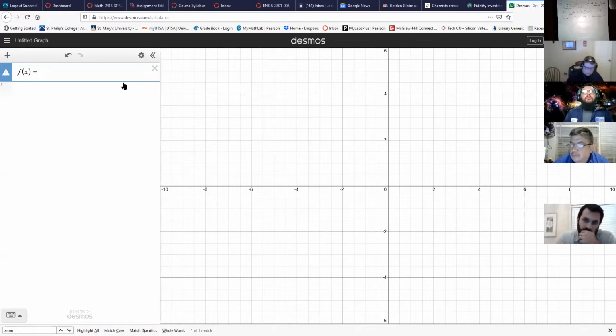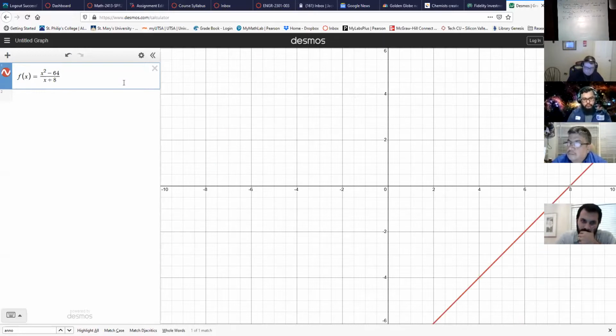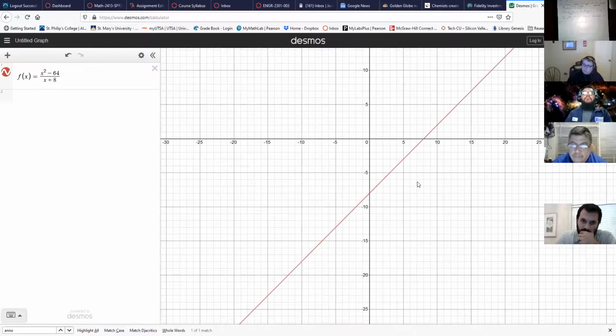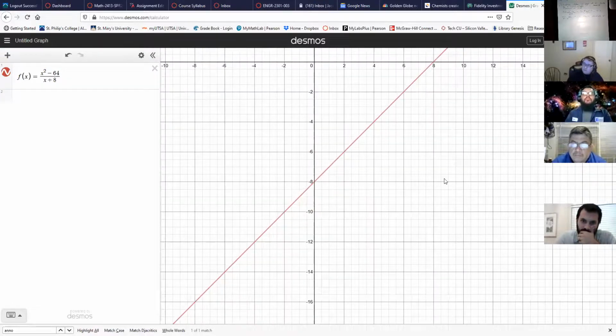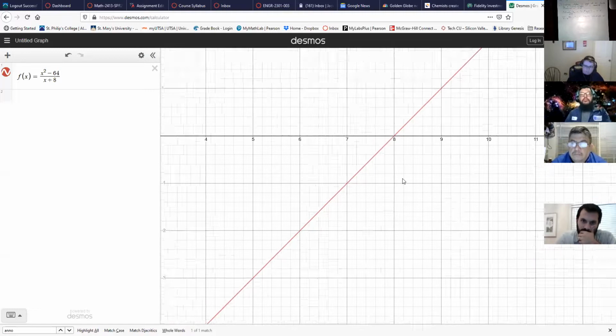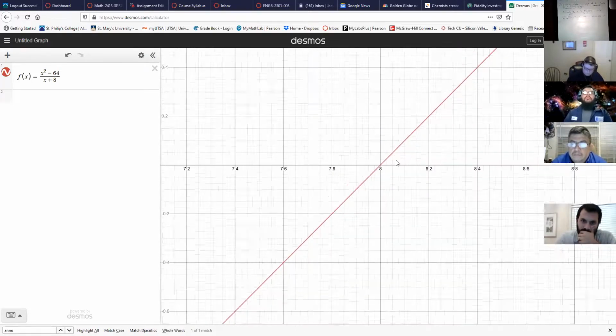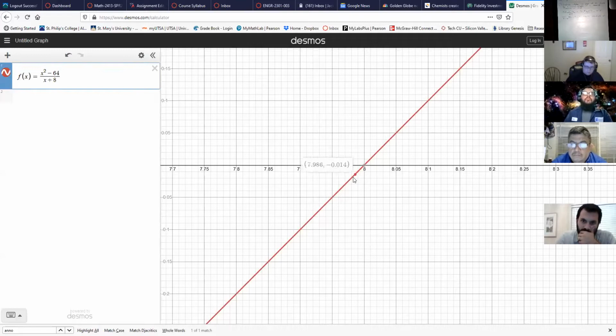All right, it was x squared. Actually, I should put the fraction first. x squared minus 64 over x plus 8. So yeah, it looks like at 8, as we get closer and closer to 8, it appears that we can fill it, right?